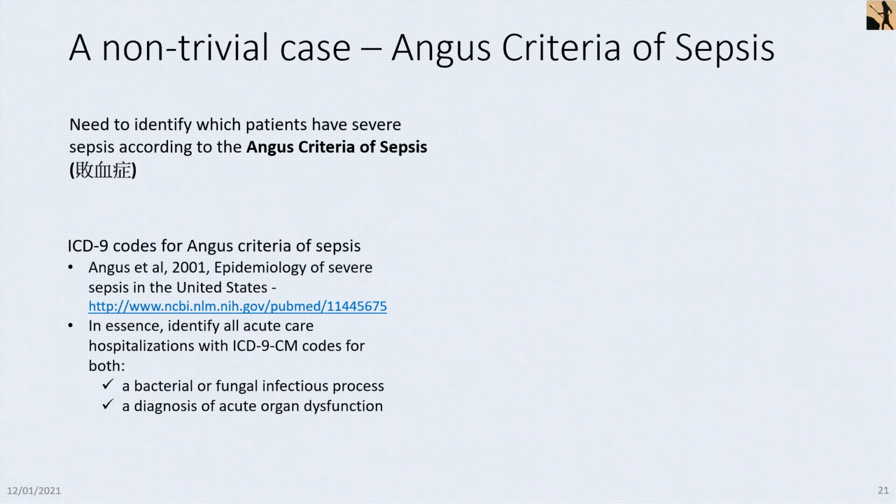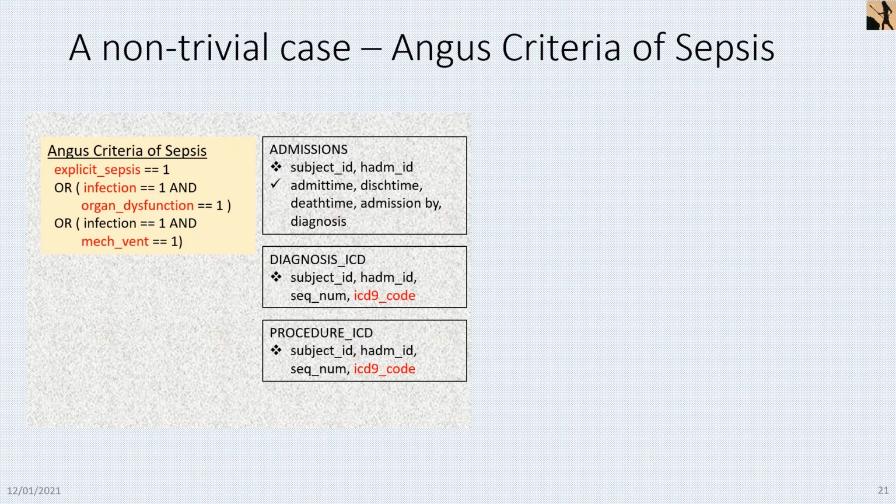Now, the second example is what we earlier showed, this Angus criteria, right? And for the Angus criteria, if you're interested, you can look into some of the references, right? Now, a caution on the wording here.